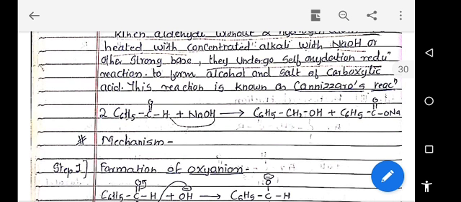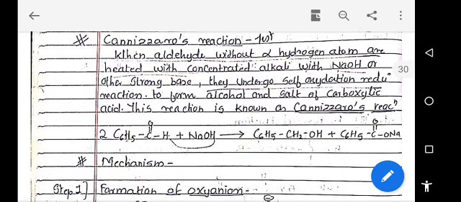Okay friends, NaOH is the strong base, also called an alkali. In these reactions, NaOH is a strong base; if we dissociate the NaOH, we get the ions Na+ and OH-.